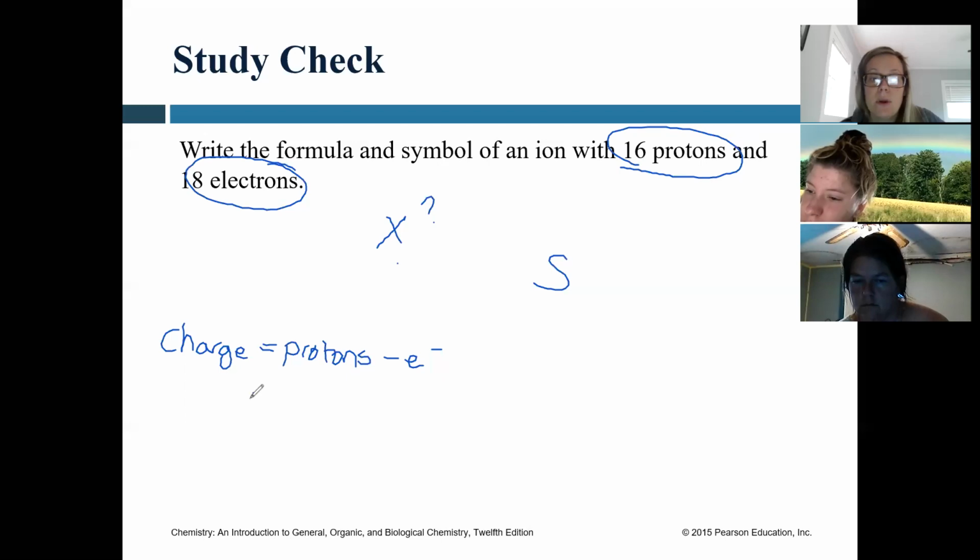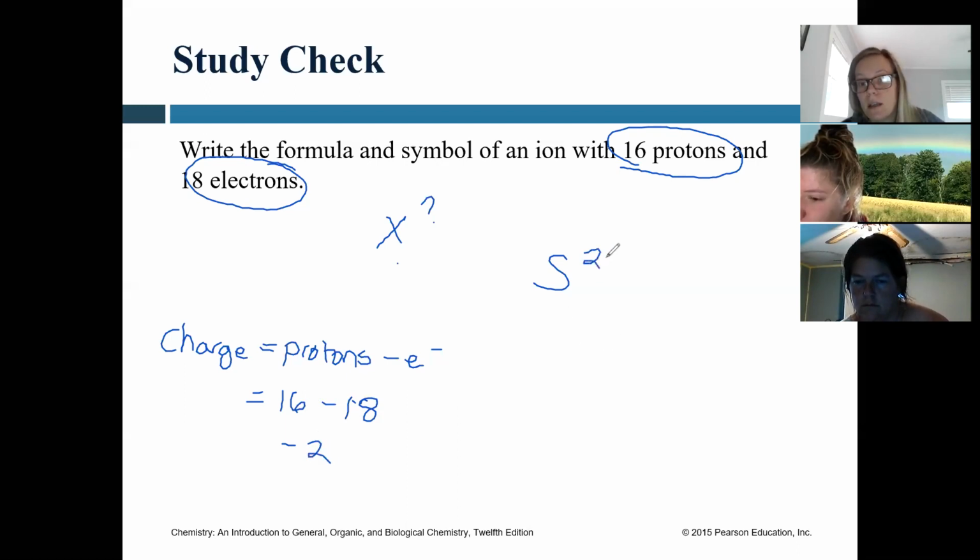So if I have 16 protons and 18 electrons, well, the electrons are winning out, right? The negative particle, there's more of them by a factor of 2. So it's -2 or 2-. So the charge should be 2-. So it's sulfur with a 2- charge. Does that make sense with what we know of sulfur and oxygen in that column? Yes, it does. Hopefully you have a 2- above there.